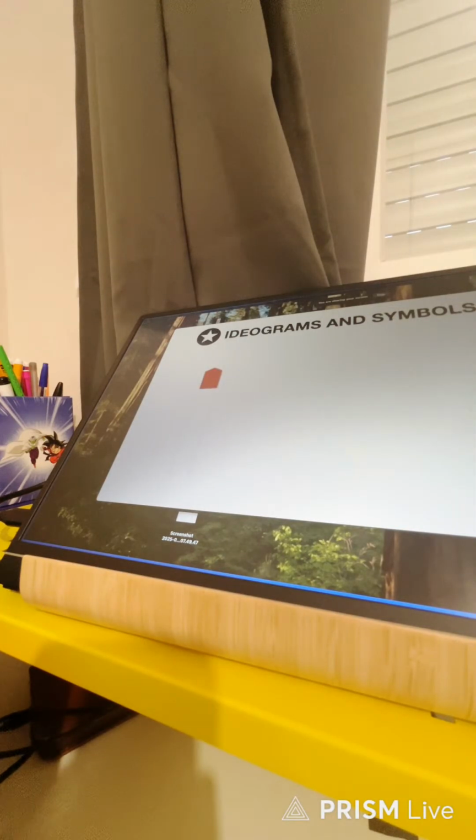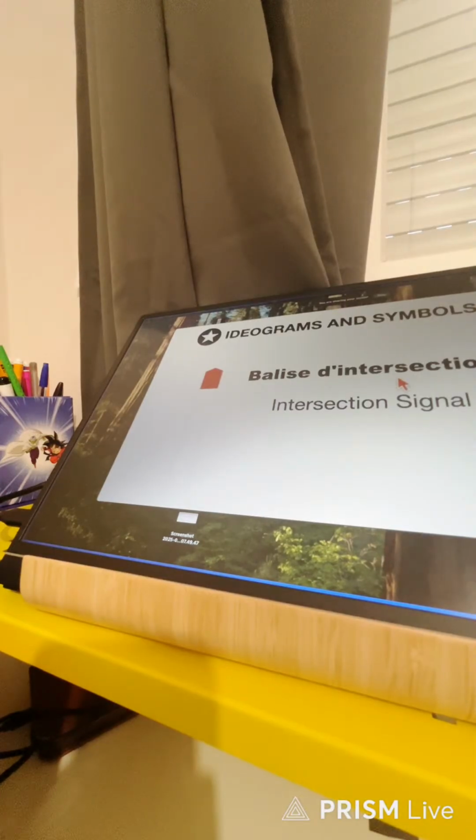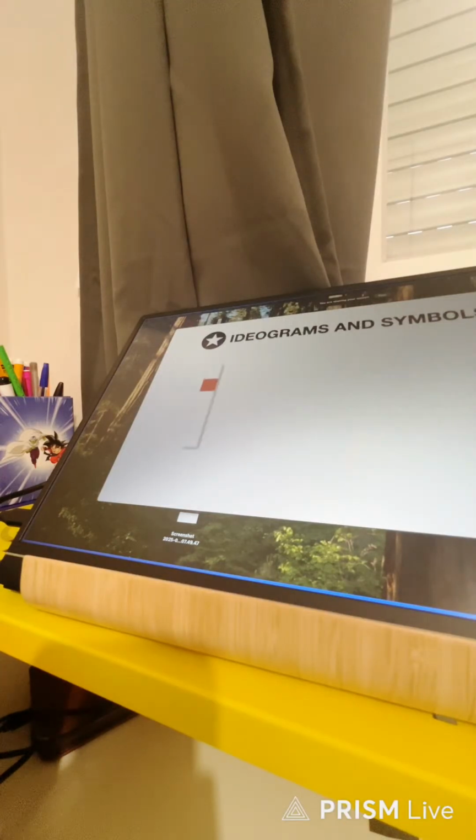The next panel is also the same thing as balise d'intersection. Okay, it's the same, but different. Just take note that you can see the first one, the red is at the middle, and you can also see this one, the red is at the top.